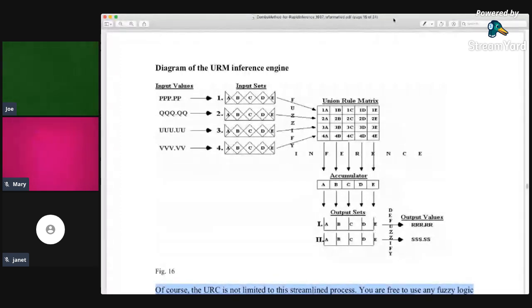It doesn't matter because they are not tightly bound to that specific rule set.